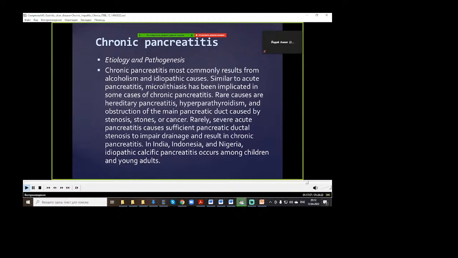Rarely, severe acute pancreatitis causes sufficient pancreatic ductal stenosis to impair drainage and result in chronic pancreatitis. In India, Indonesia, and Nigeria, idiopathic calcific pancreatitis occurs among children and young adults.